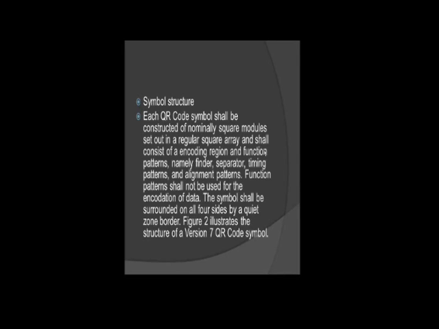Symbol structure: each QR code symbol shall be constructed of nominally square modules set out in a regular square array and shall consist of an encoding region and function patterns, namely finder, separator, timing patterns, and alignment patterns. And here are the parts of the QR code.